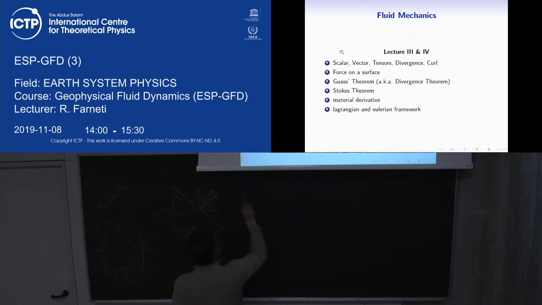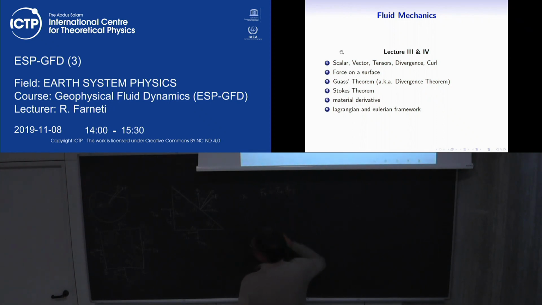So you want to find the force on that surface in this two-dimensional case. In x1, all the forces are going to be equal to tau 1,1 dx2 plus tau 2,1 dx1. Then you can define f1 per unit area, so ds, equal to tau 1,1 dx2 over ds plus tau 2,1 dx1 over ds.